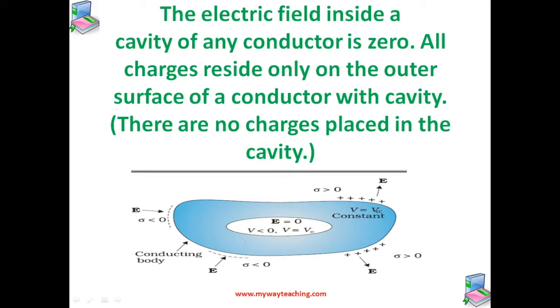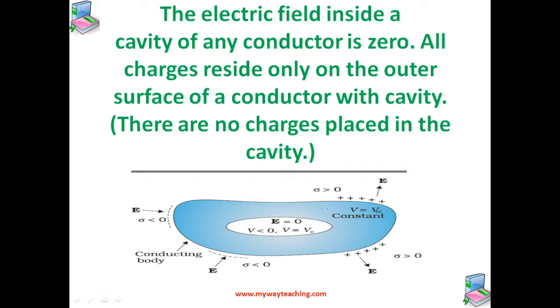A remarkable result is that the electric field inside the cavity is zero, whatever be the size and shape of the cavity and whatever be the charge on the conductor and external fields in which it might be placed. Inside the cavity, the electric field is zero, whatever may be the remaining conditions. We have proved a simple case of this result already, that is, the electric field inside a charged spherical shell is zero.